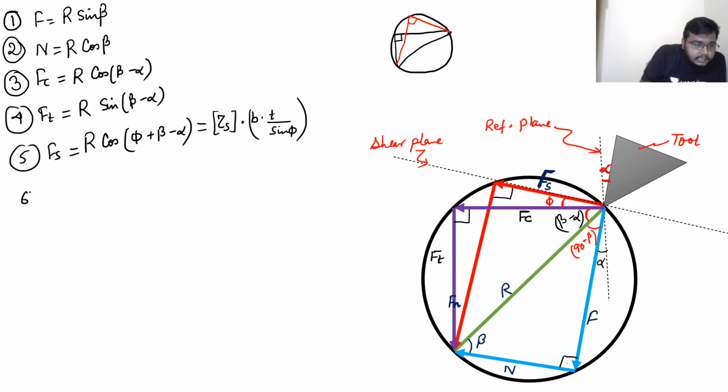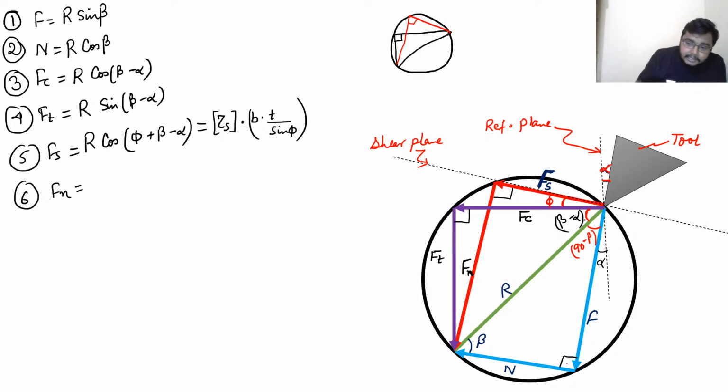Clear? Next relation is what? Fn. It can be written as Fn is here. This is Fn. And what angle is this Fn making with R?